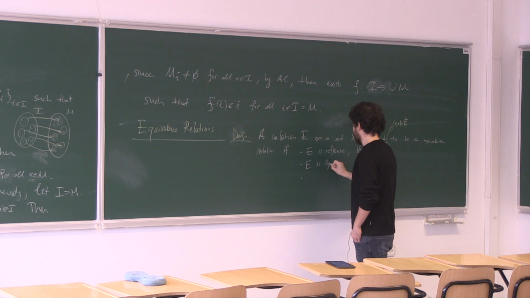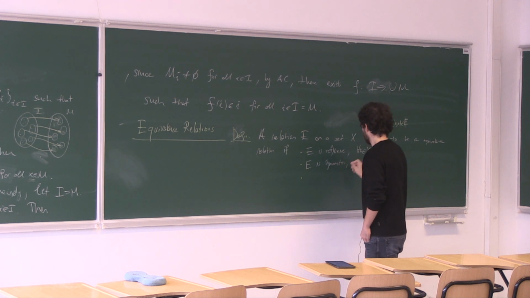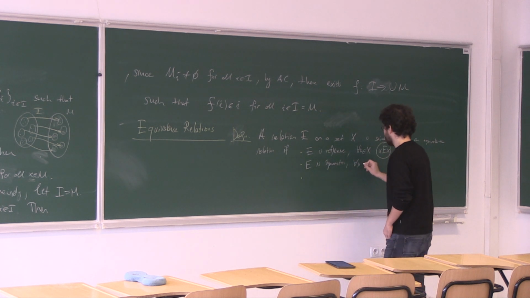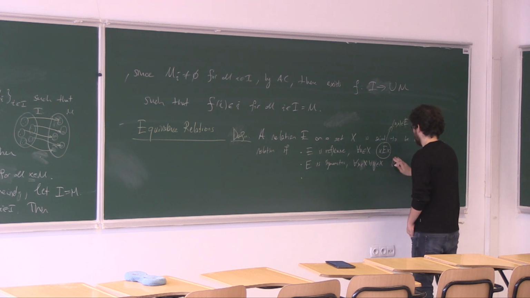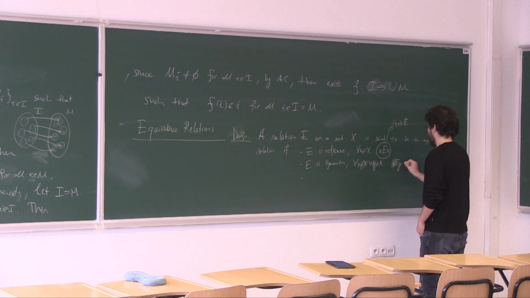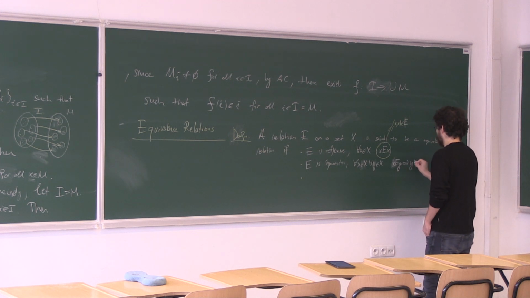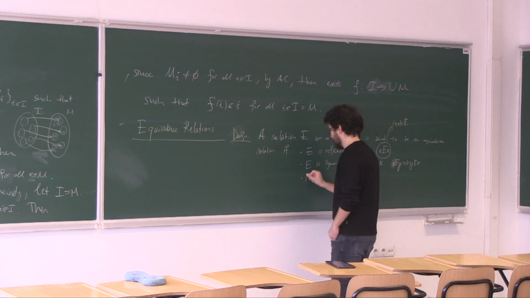E should be symmetric, meaning that for all x and y in X, x related to y should imply y related to x, and E should be transitive.